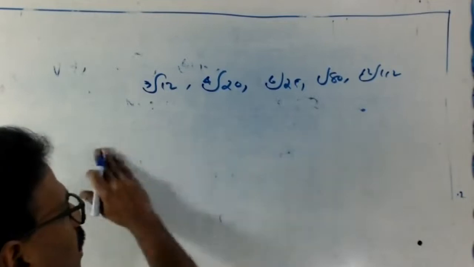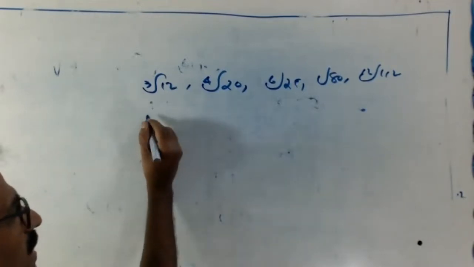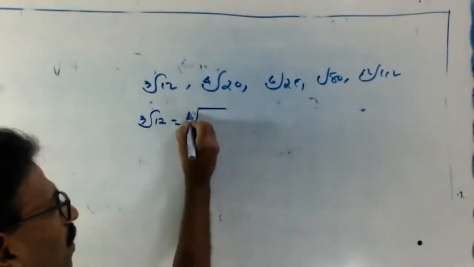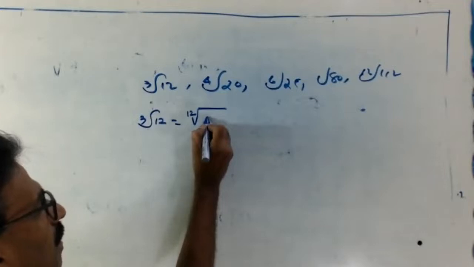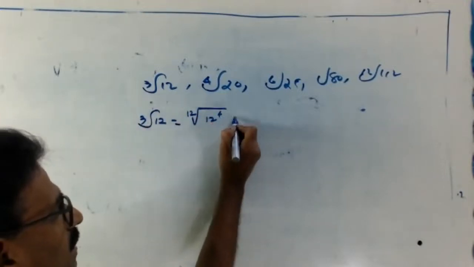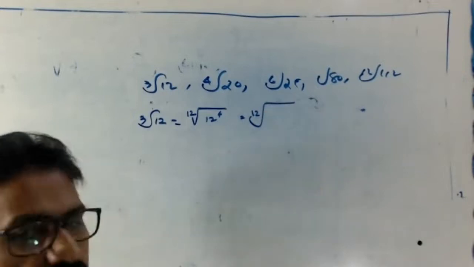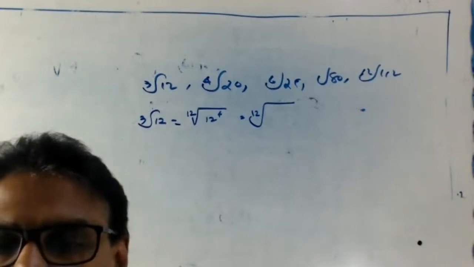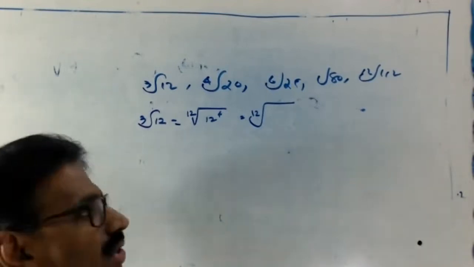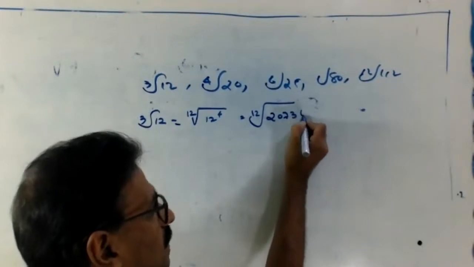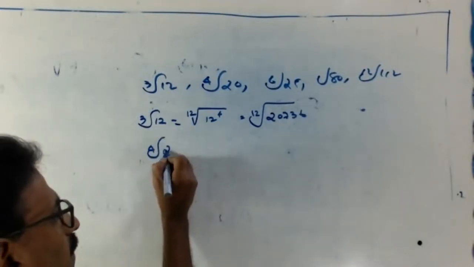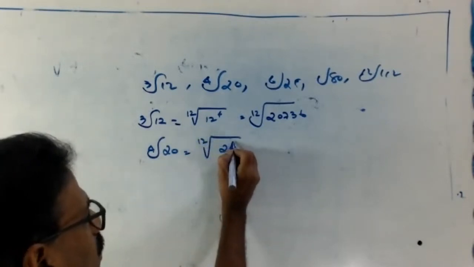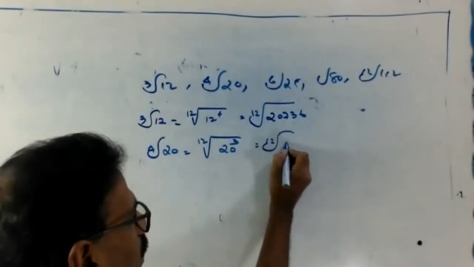Look here. Listen. LCM is 12. Cube root of 12: 12 divided by 3 is 4, so 12th root of 12 to the power 4, which is 20736. Fourth root of 20: 12 divided by 4 is 3, so 12th root of 8000.